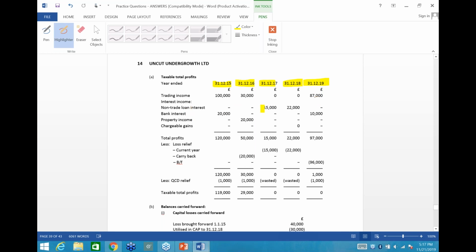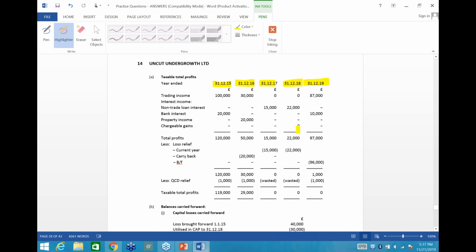Then interest income: loan interest income of 15,000 and 22,000. Then we have bank interest income of 20,000, and you have recorded accordingly. All this information is given in the question. Property income is there. Chargeable gains are also there.